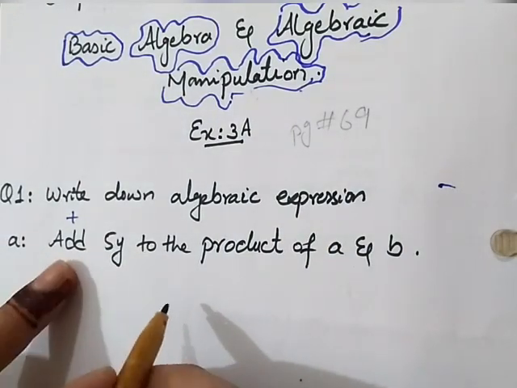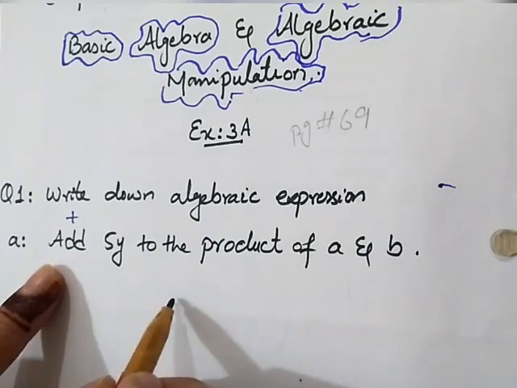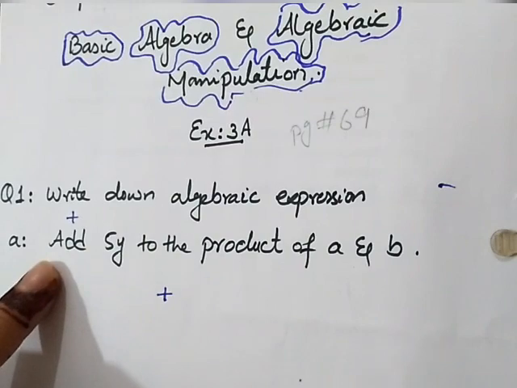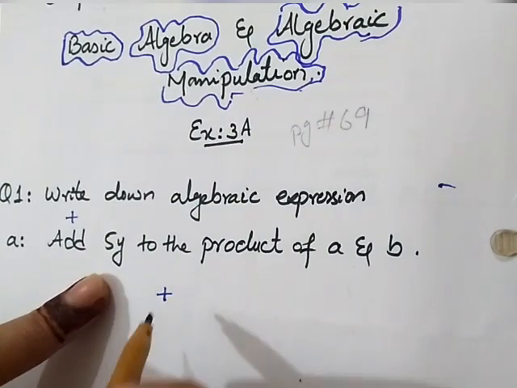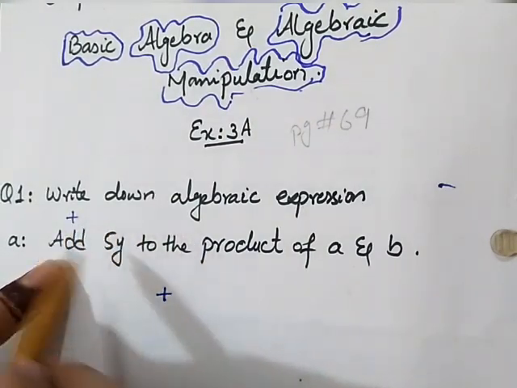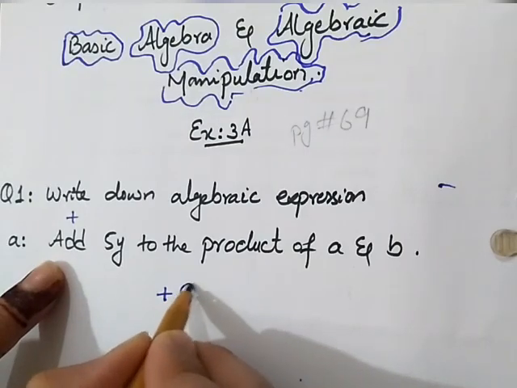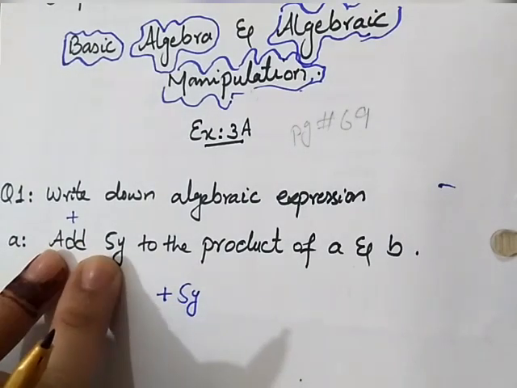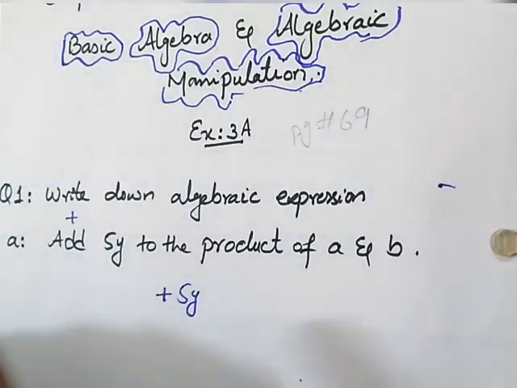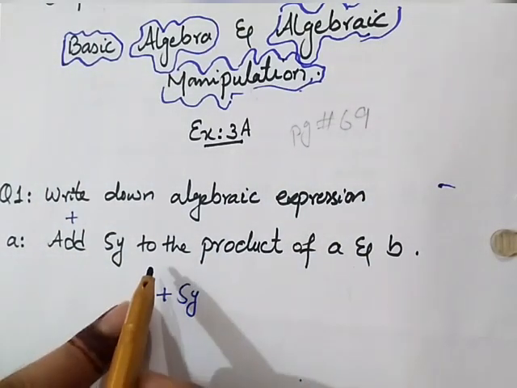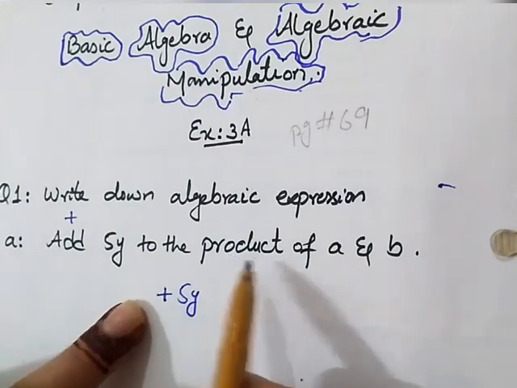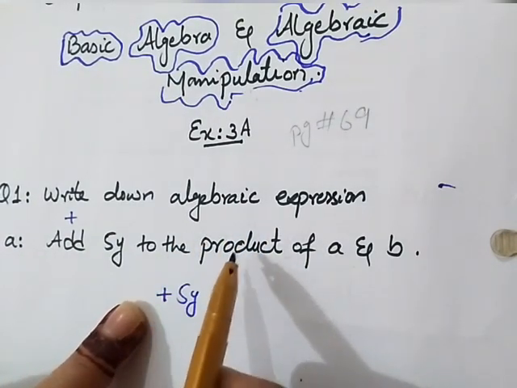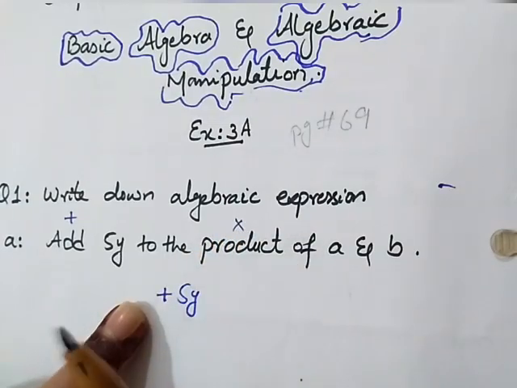After reading out the statement add, I put the sign plus. Add 5y. That means 5y is going to be added to something, so I write down 5y. But to which thing do we add 5y? Read out the next statement: to the product of A and B. What is the meaning of product? Product means multiplication.